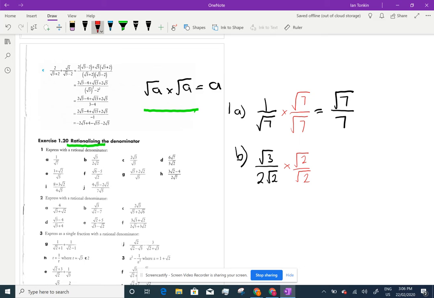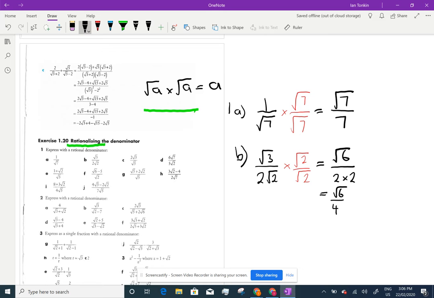We want to keep this as simple as possible. So we're just multiplying by root 2 because that's the only surd in the bottom. On the top, I get root 2 times root 3, which is root 6. And on the bottom, I get 2, and root 2 times 2 is 2. So I get root 6 on 4.